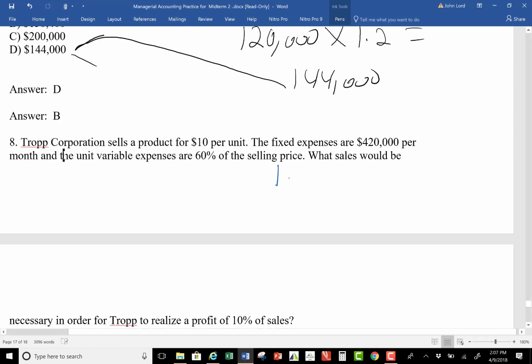We have 1 minus 0.6 is the variable cost, and that gives me 0.40 as my contribution margin ratio, right?